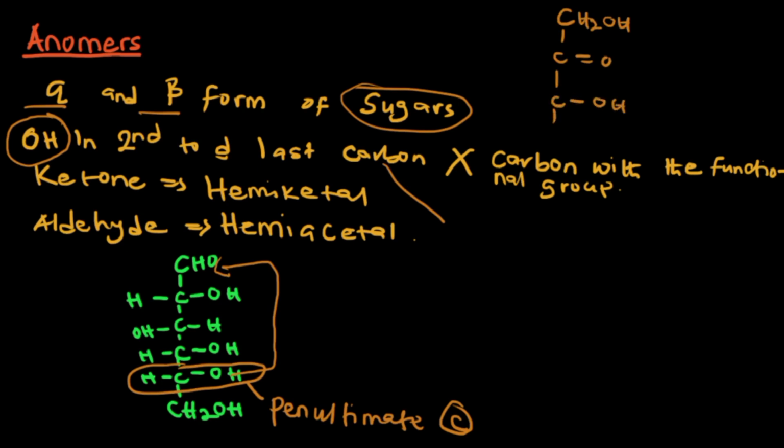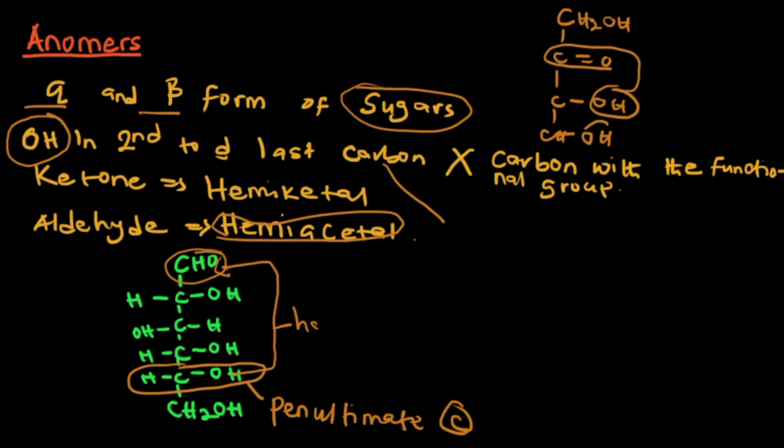With an aldehyde, there will be a reaction between the second to the last carbon and the first carbon, and this leads to the formation of something called a hemiacetal. With a ketone group, the reaction is between the second to the last carbon and the second carbon of the sugar, and what is formed is called a hemiketal.